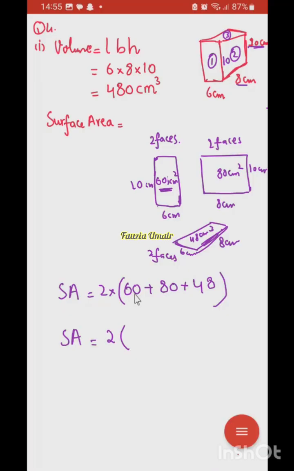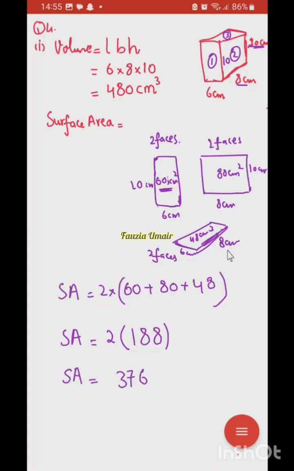Ma'am, 140. 140 और 48 कितना होता है? 188. So now we double it, multiply it with 2. What is the double of 188? Ma'am, 376.